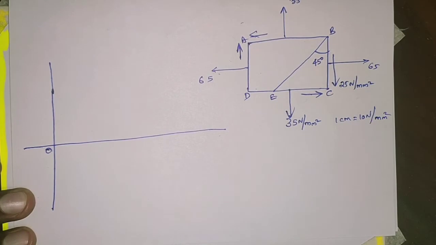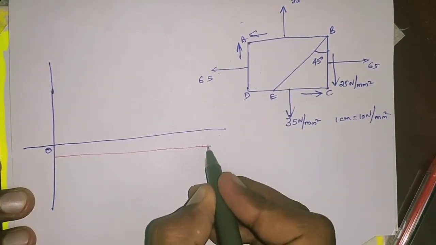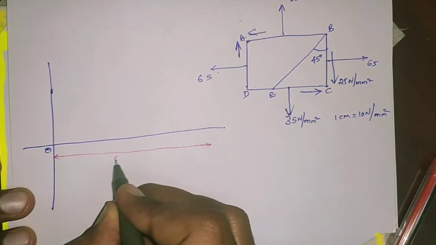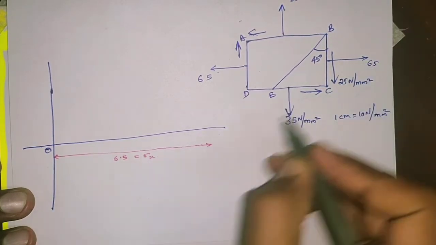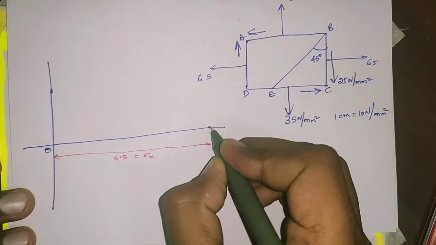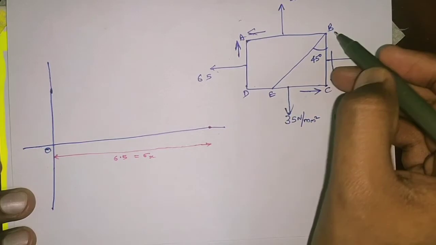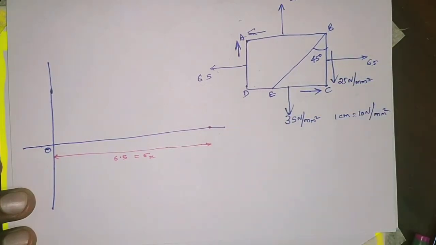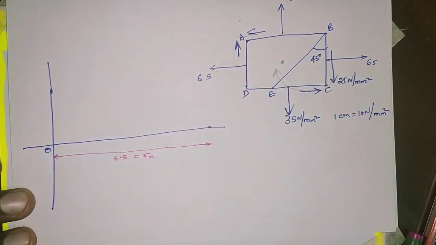For the BC plane, this distance is equal to 6.5 centimeter, that is equal to sigma x, 65. So we got this point. This is tensile in nature, so that is towards the right side. And in the BC plane we have 25 tangential stress about the center. This is clockwise. Clockwise is taken as positive.